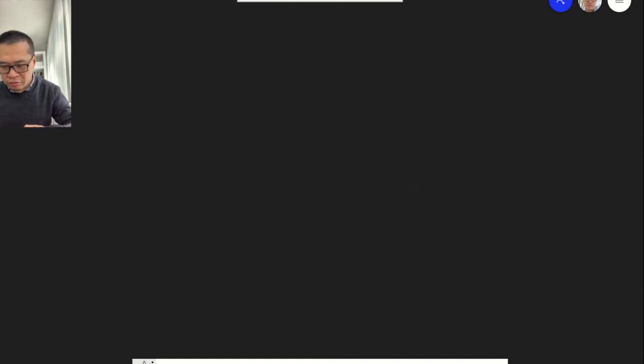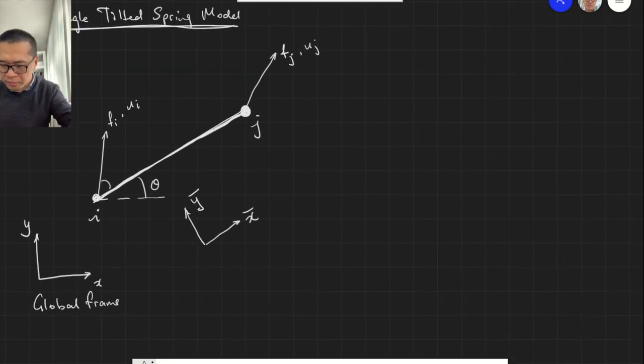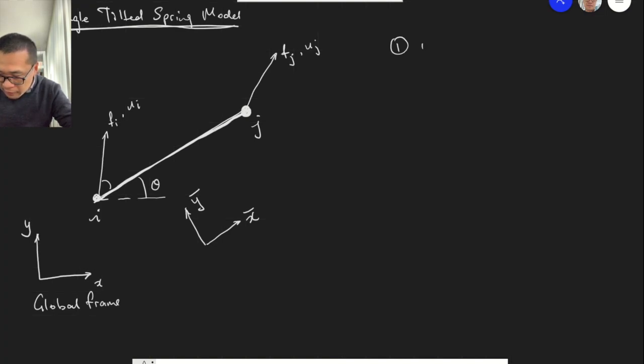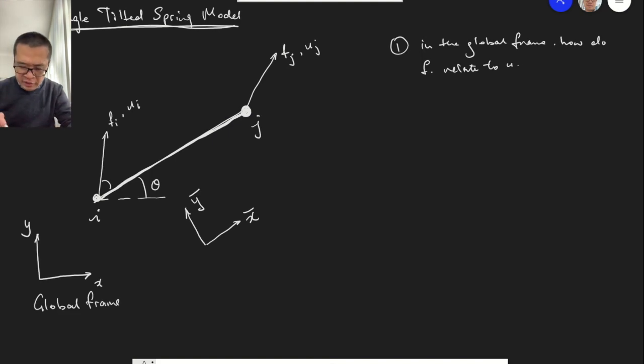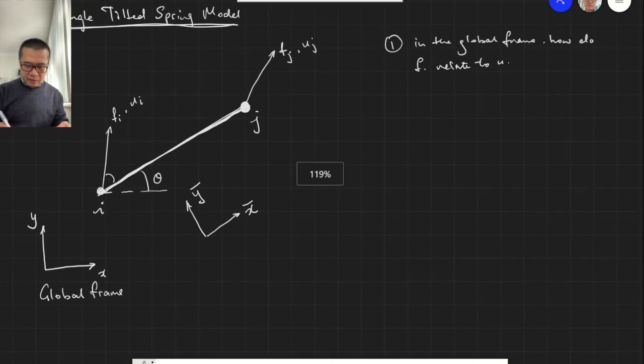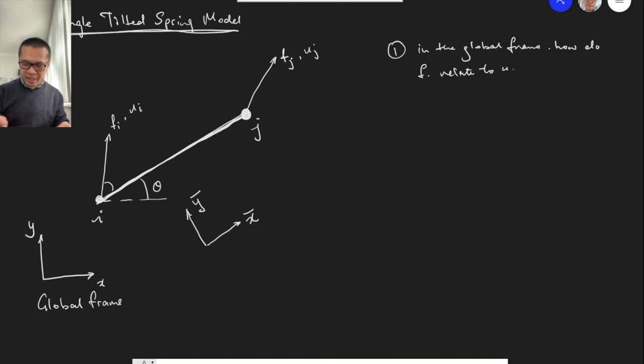So we want to work out, in the global frame, how F relates to U. Now, because the forces are not parallel to x or y in this case, I will actually have 4 components in total.